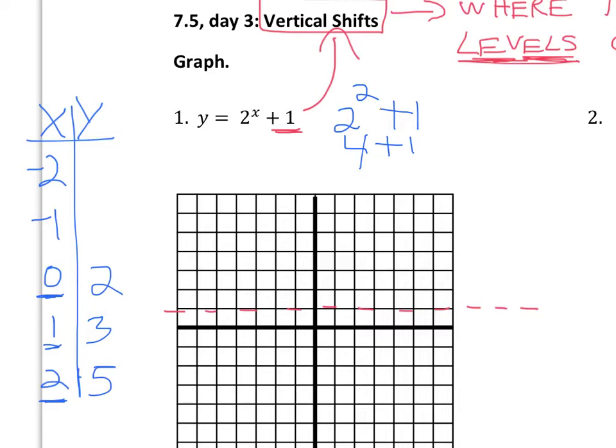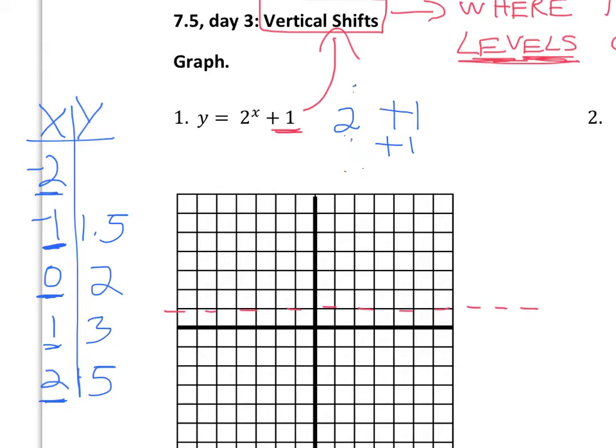If I go the other way, let's put a couple negatives in there. Let's put in negative 1 for x. 2 to the negative 1 is 1 over 2 to the first, which is 1/2. And then 1/2 plus 1 is 1.5. Okay, last thing, let's put in negative 2 for x.